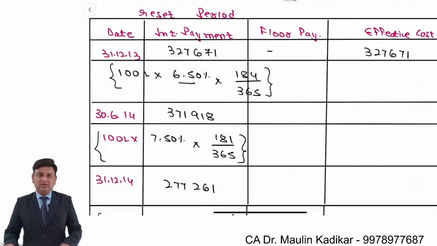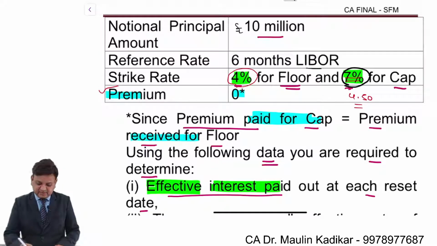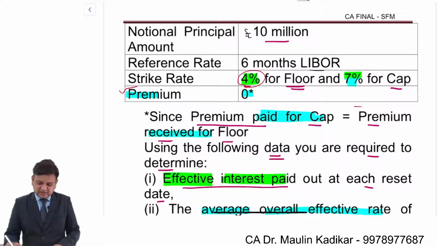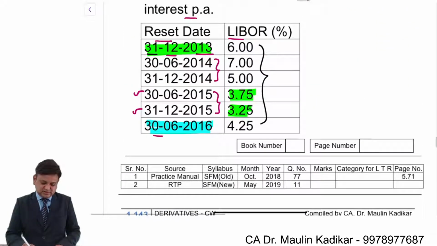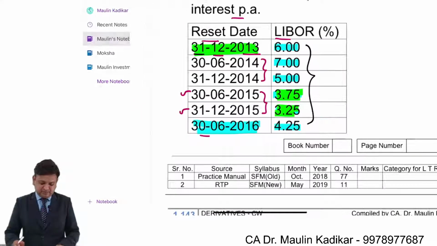Now friends, over here we are assuming that this 7% cap rate of interest is required to be compared directly with this. And every time the rate of interest is 7% or less than that, we are not going to have any receipt.